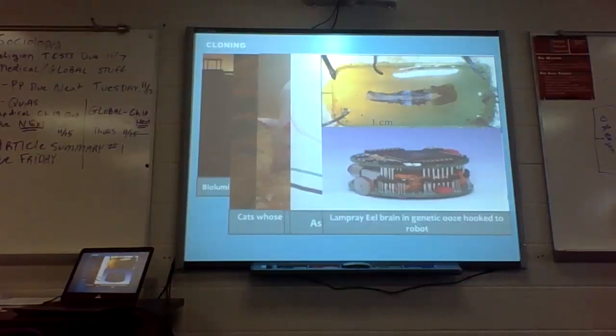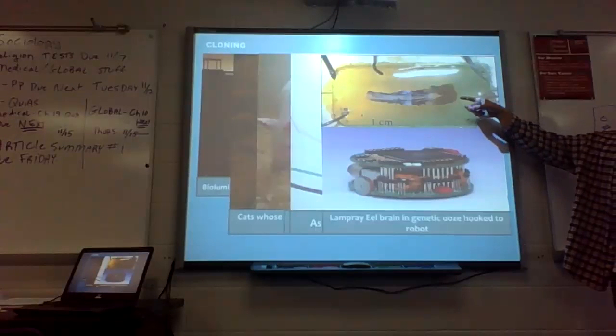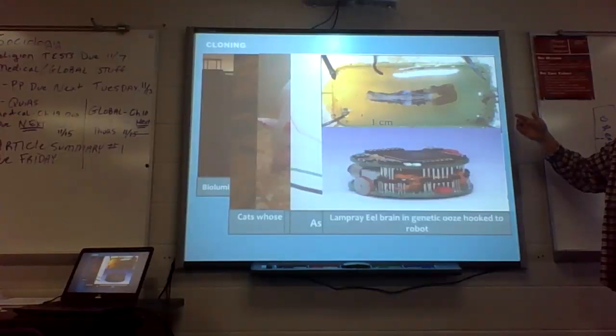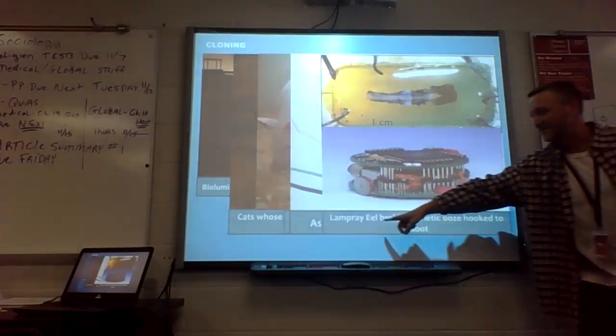Have you ever seen any of those movies where the human brain is in jelly and they poke and prod the brain, just the brain, and that's reality. This is a brain. The brain of this lamprey eel, okay?